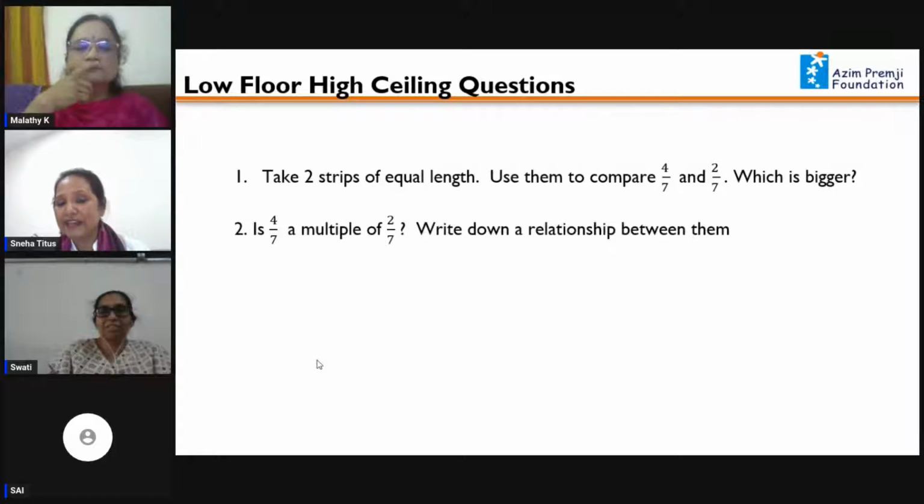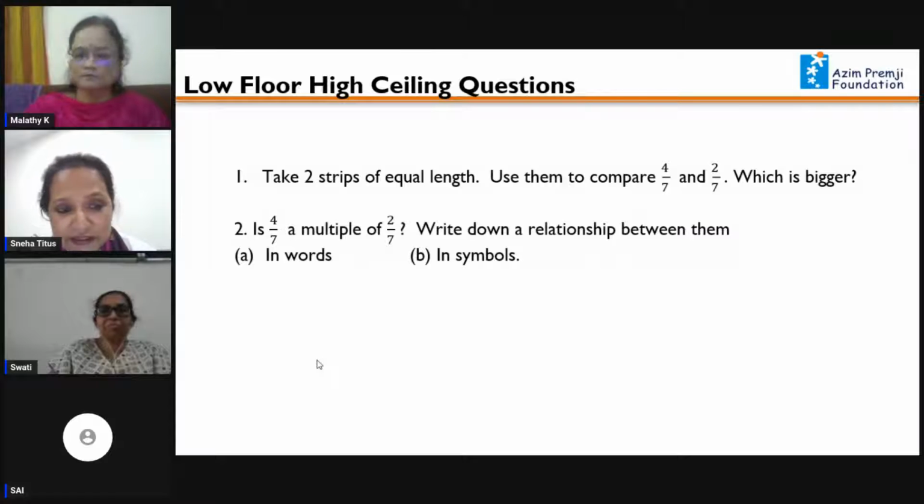And now I say, if you see anything, write down a relationship between them, first in words. If they see that for 4 by 7 they took twice as many parts as for 2 by 7, then I'm good to go. And then I think it would be easy for them to write down 4 by 7 is 2 into 2 by 7, twice 2 by 7.